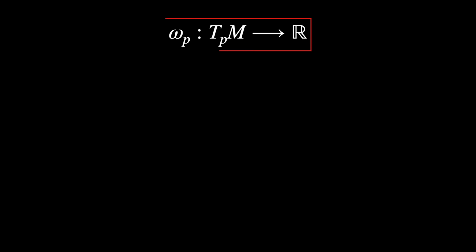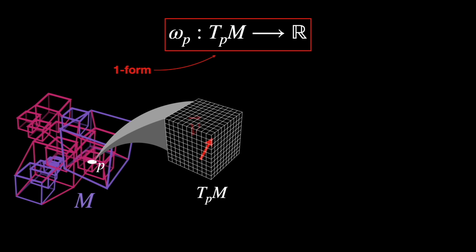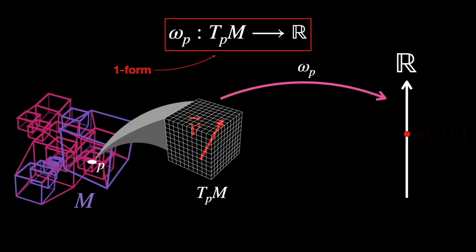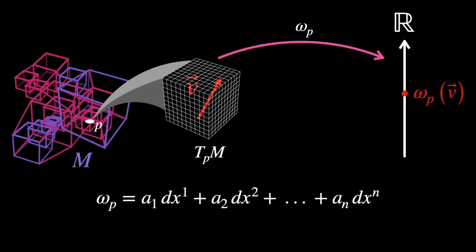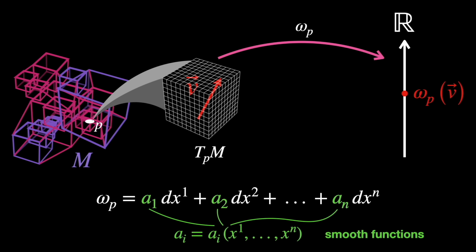Thus, what is a one-form on this abstract manifold M? A one-form, which is very often denoted as omega p, is a mapping that assigns to each point P in the manifold a linear mapping. In coordinates, any one-form can be written as this, where the coefficients ai are smooth functions on the manifold M.